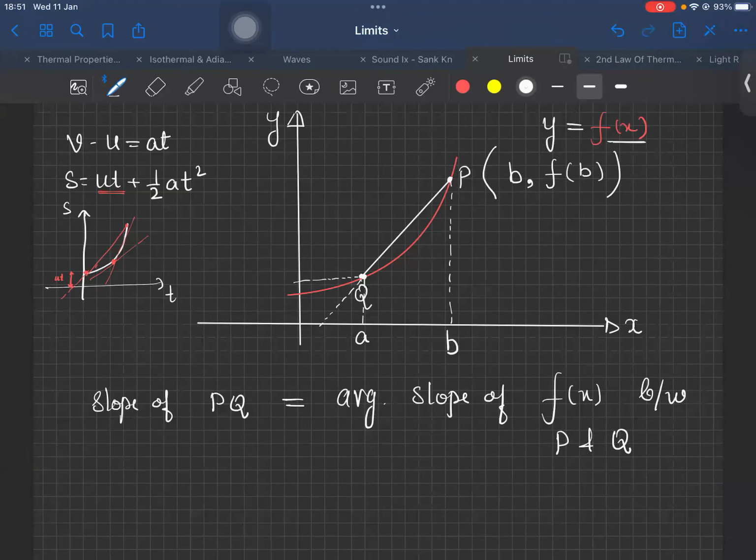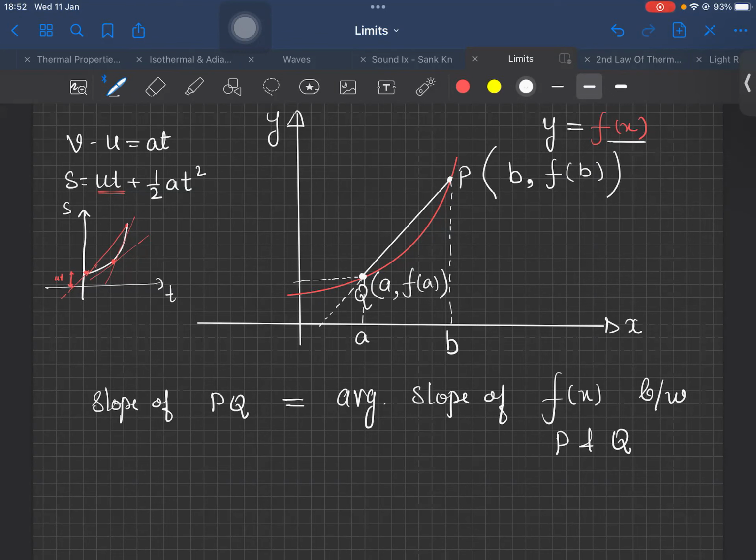What will be the coordinate of Q? Anyone? Please tell me the coordinate of Q. A comma f of A. Yes, A comma f of A. Very good. It's so simple here. Why do you have so much trouble?